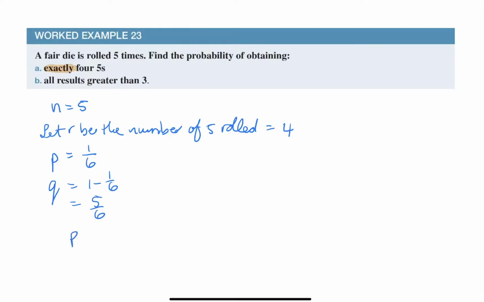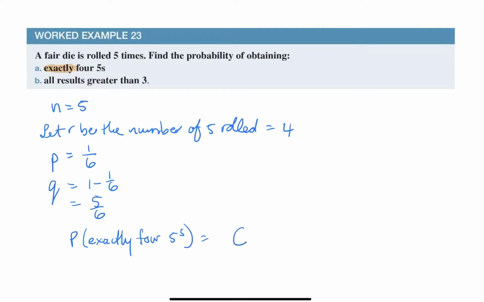My probability to find exactly 4 5s will be the following.